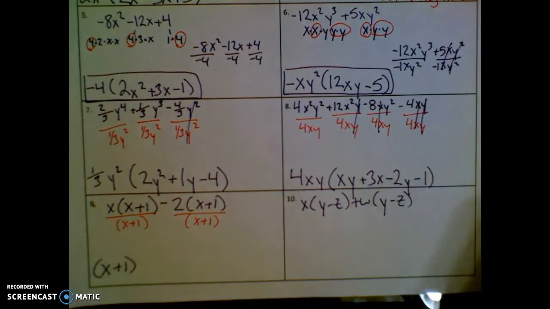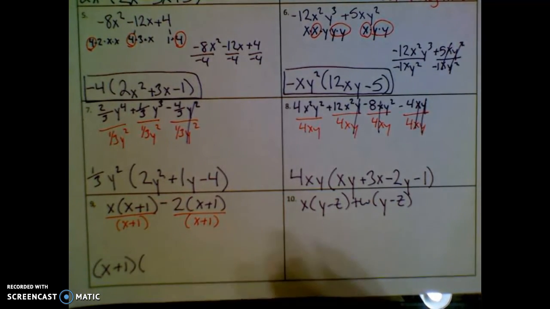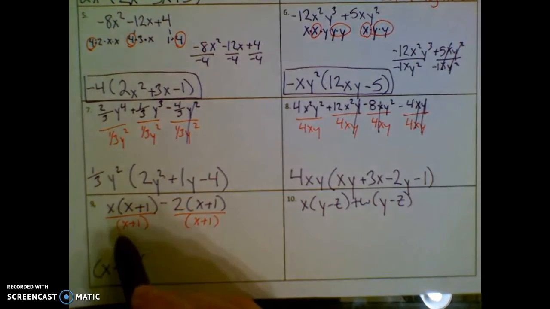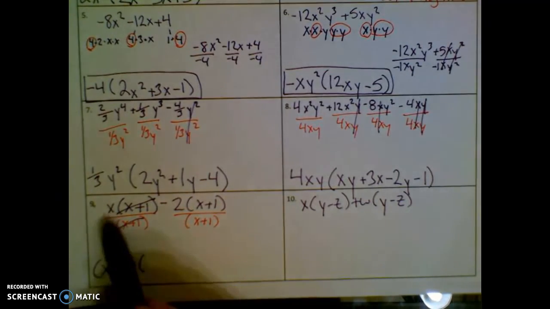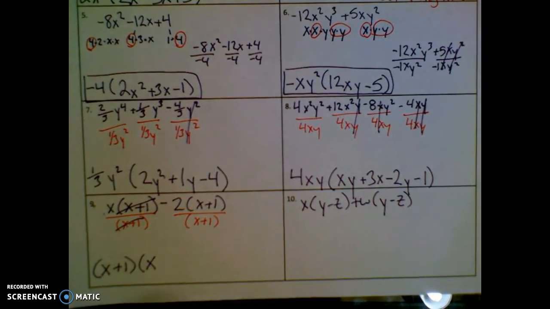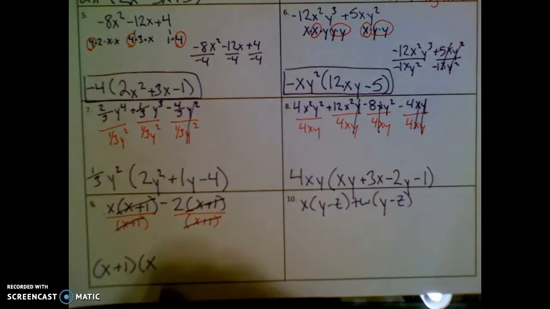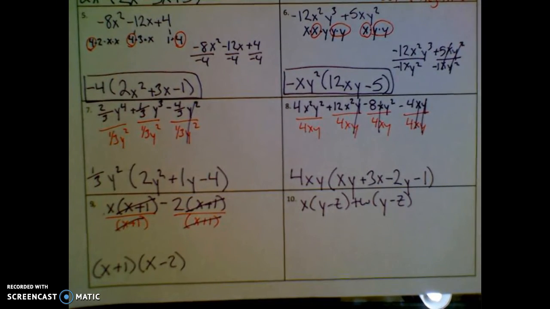Whenever we do our GCF, we write our GCF, then parentheses, and then whatever's left over. Here, x plus 1 divided by x plus 1 cancels out, leaving me x. Over here, x plus 1 and x plus 1 cancel out, leaving me negative 2. These are usually pretty clean, short answers, so my answer is this, and I'm done.